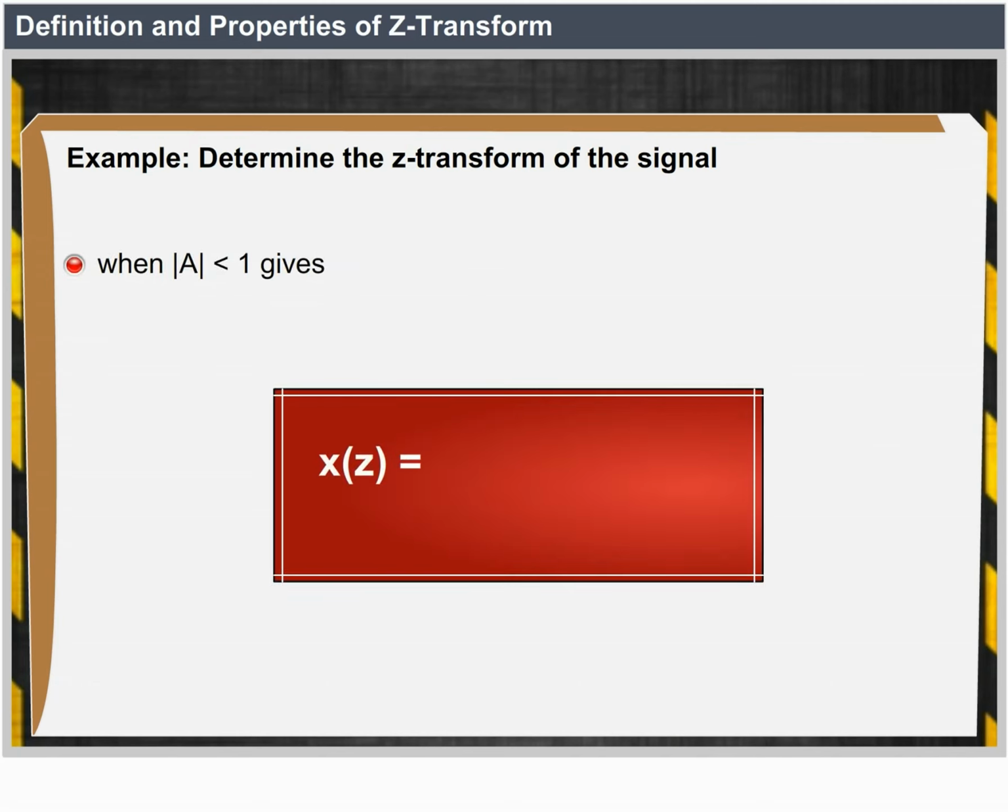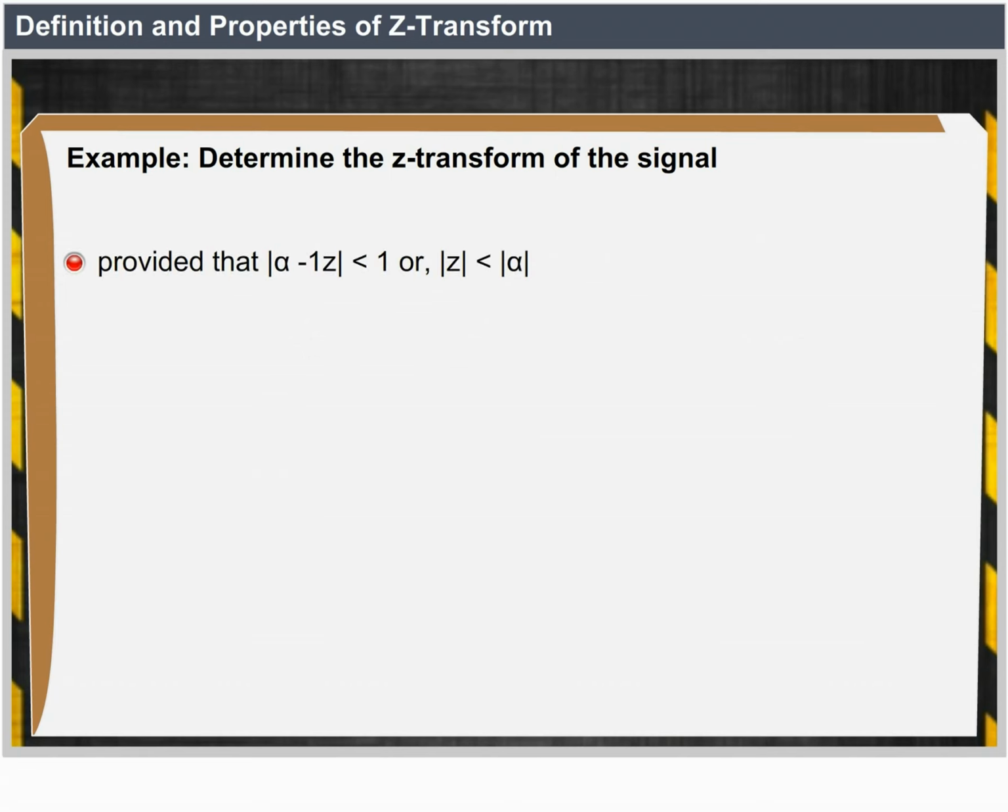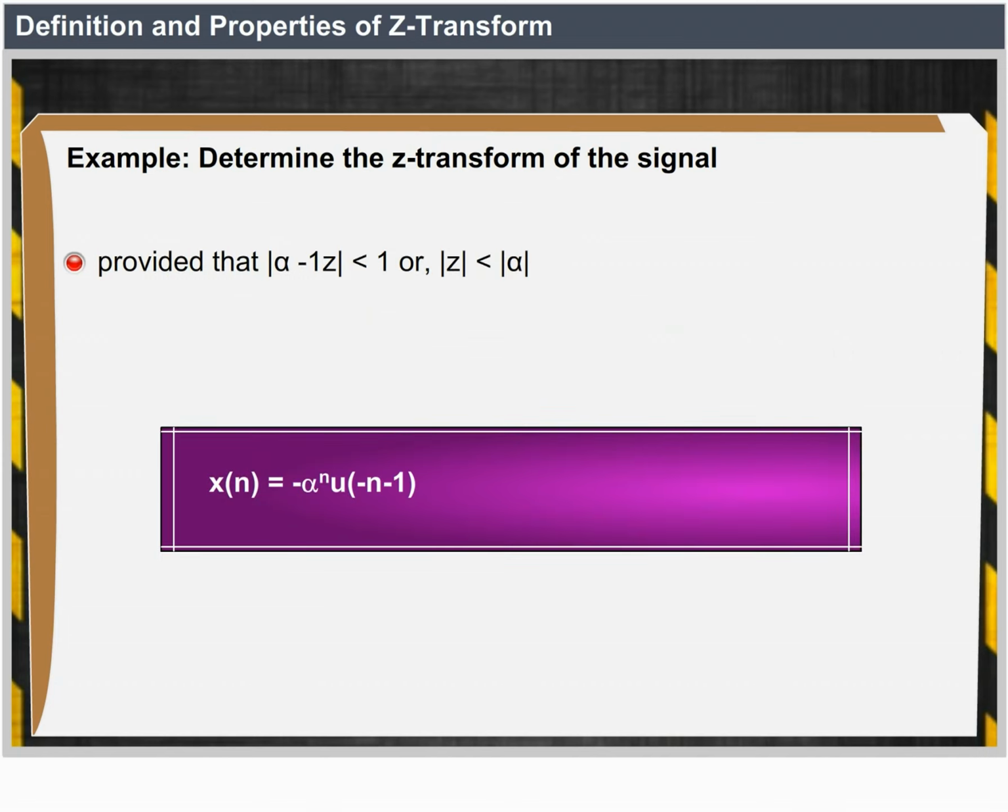This gives X of z equal to alpha power minus 1 into z divided by 1 minus alpha power minus 1 into z, equal to 1 divided by 1 minus alpha into z power minus 1, provided that modulus of alpha power minus 1 z is less than 1, or modulus of z less than modulus of alpha. So x of n equal to minus alpha power n u of minus n minus 1 is related to X of z equal to 1 divided by 1 minus alpha into z power minus 1, where the ROC is modulus of z less than modulus of alpha.